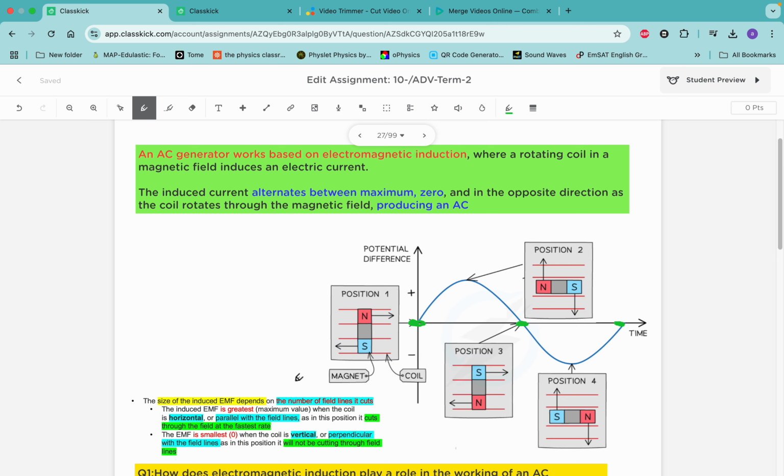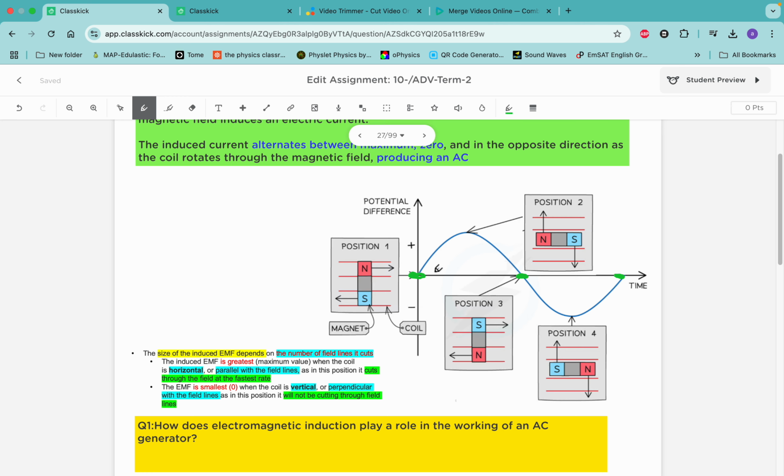The first position is here. This shows the smallest EMF, which is going to be 0. The smallest EMF will be when the coil is vertical or perpendicular. So when the position is perpendicular or vertical, in this case we are going to have 0 EMF.